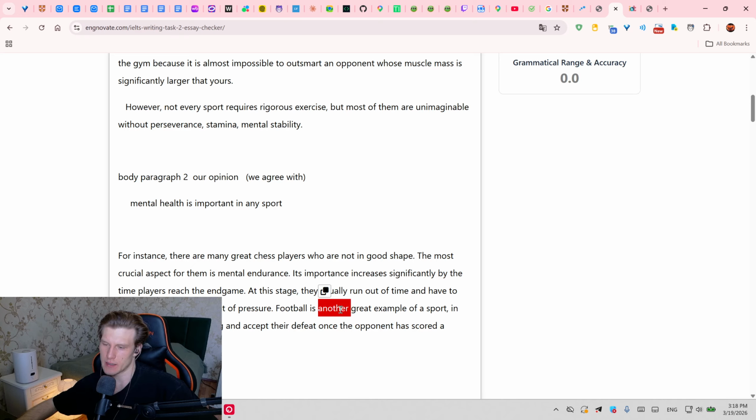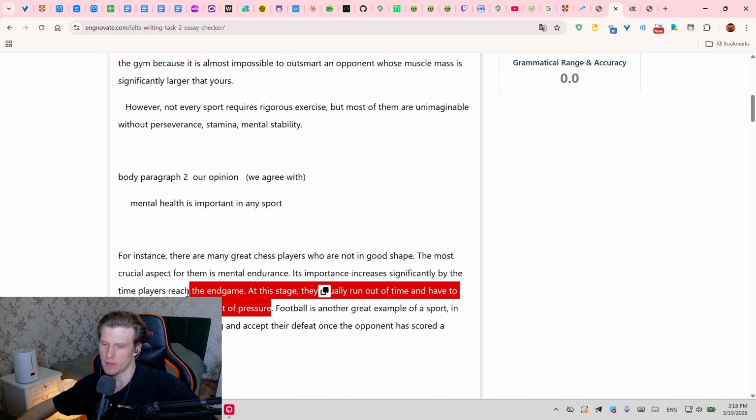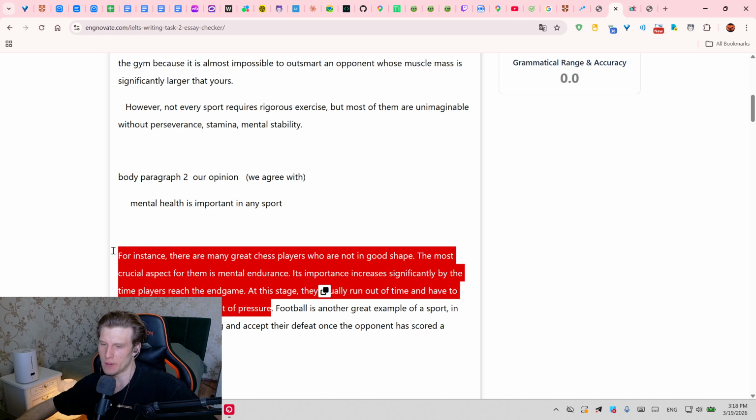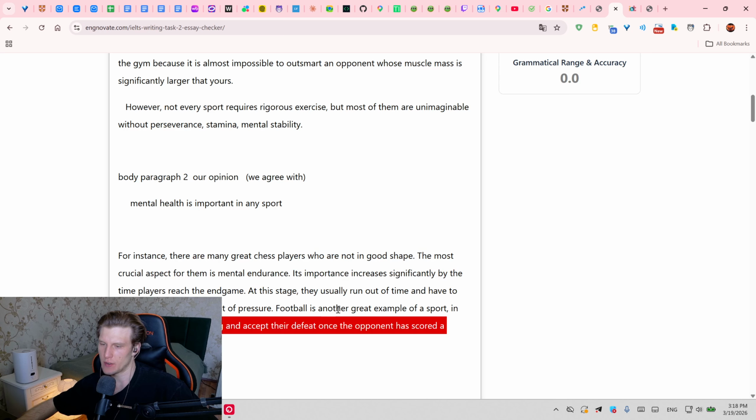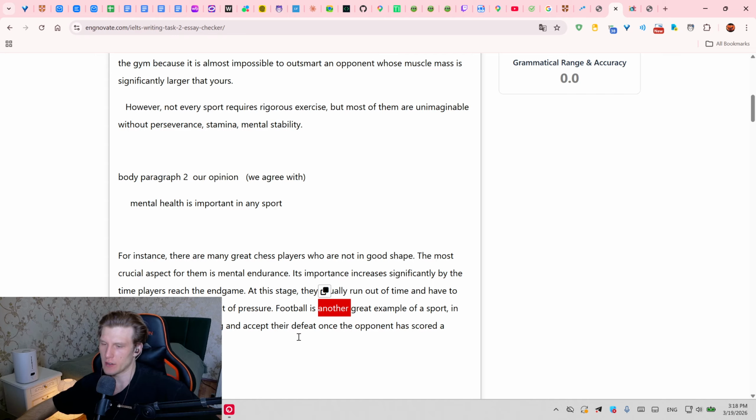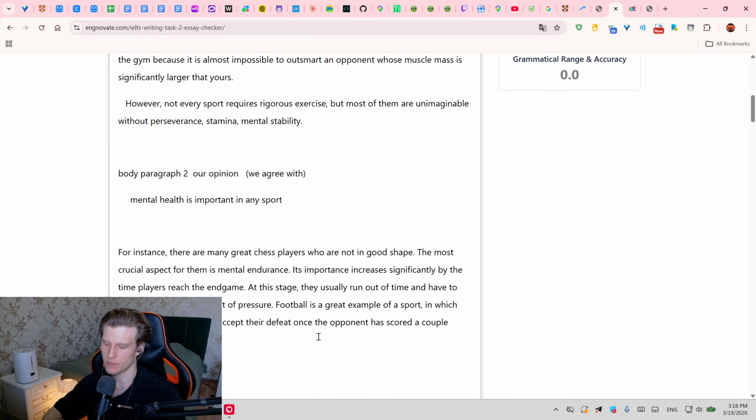I mean, just now that doesn't sound good here because this example is not an example of that, right? So "another" is confusing here. Probably just "also". Okay, not football. Let's say soccer?